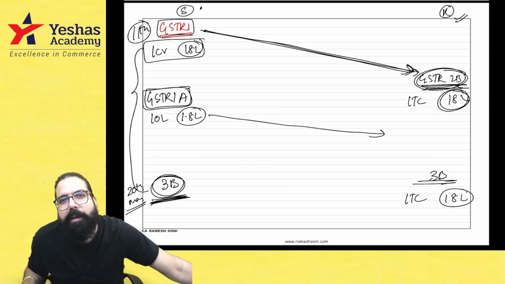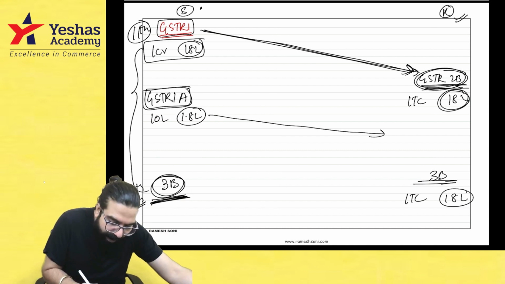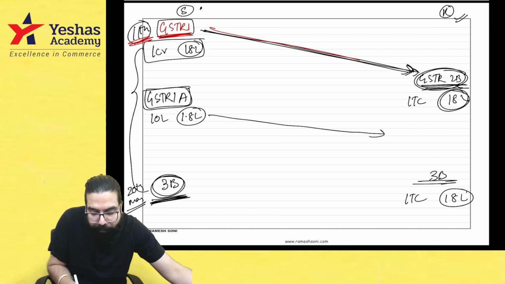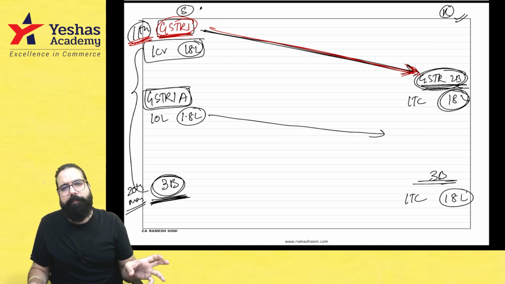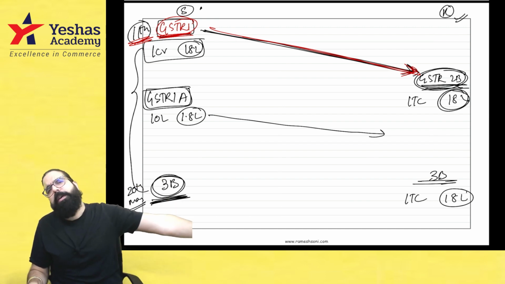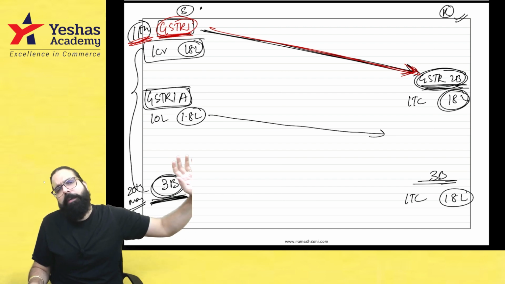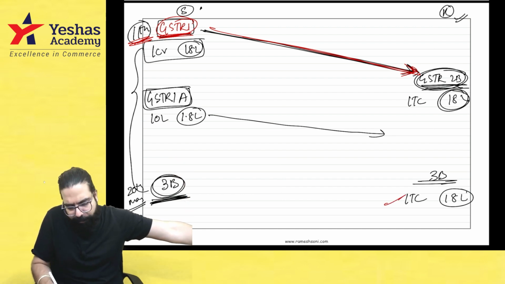But because you filed your GSTR 1A after the 11th, the credit will go to the front person in the next month. GSTR 1 credit will go in the same month. If I am filing in GSTR 1 for the month of April, it will go in the front person's April month only. When he is filing his GSTR 3B for the month of April, he can go ahead and take the credit.